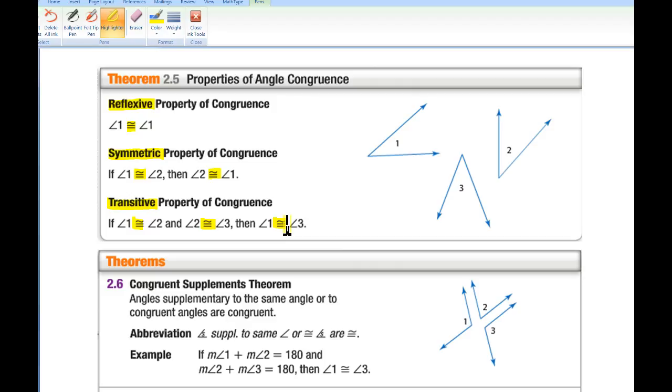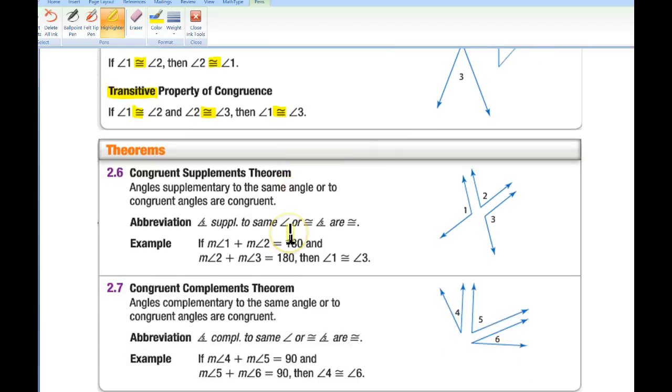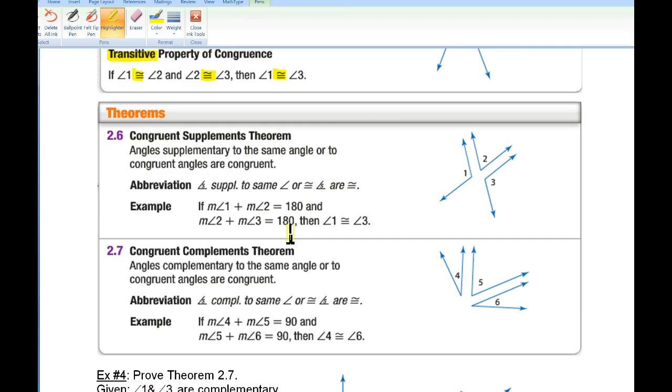And then we have two more theorems. Theorems, again, need to be proven. We don't take the time to prove all of them, but there are a number of them that we do.